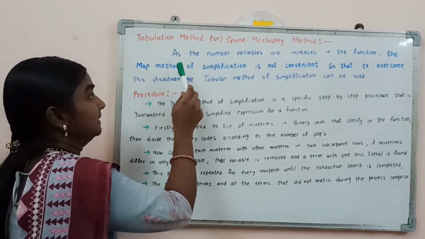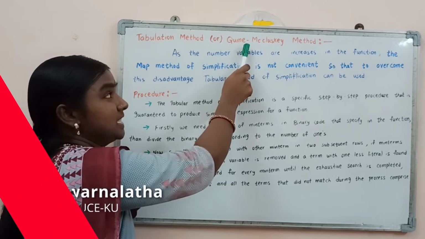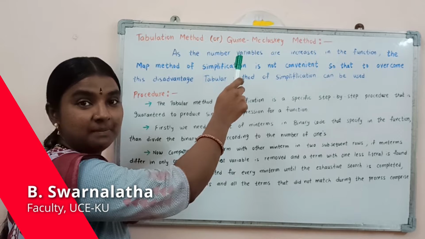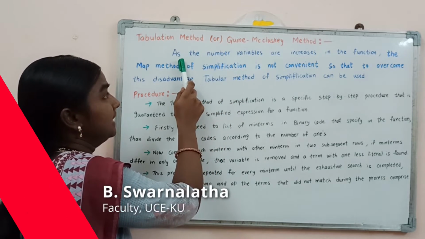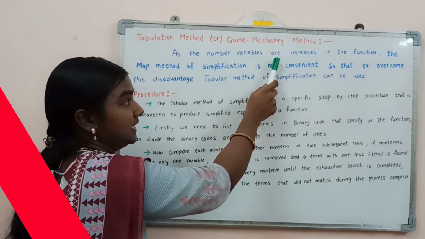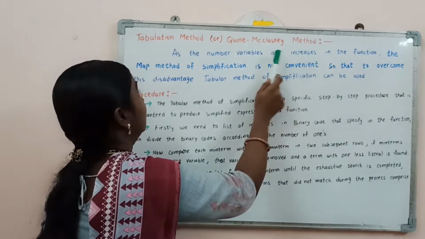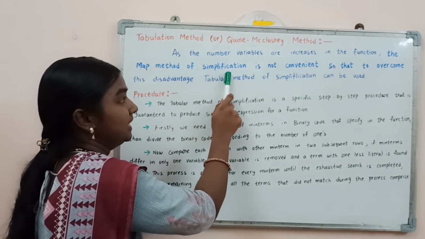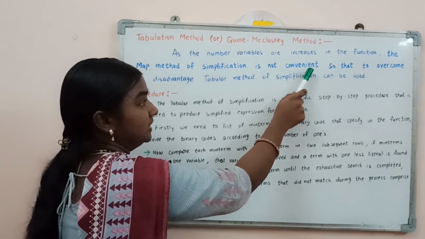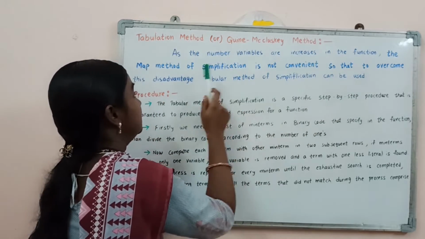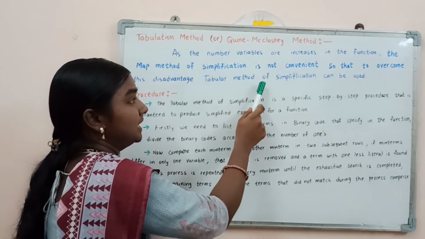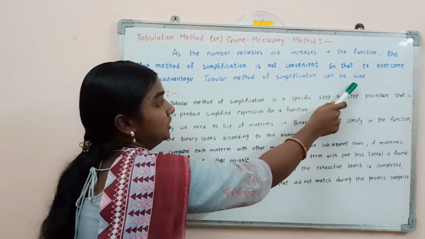Now here, this tabulation method is also known as the Quine-McCluskey method. As the number of variables in the function increases, the map method of simplification is not convenient, so to overcome this disadvantage, the tabular method of simplification can be used.